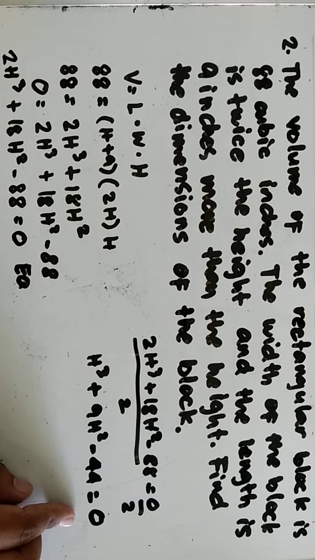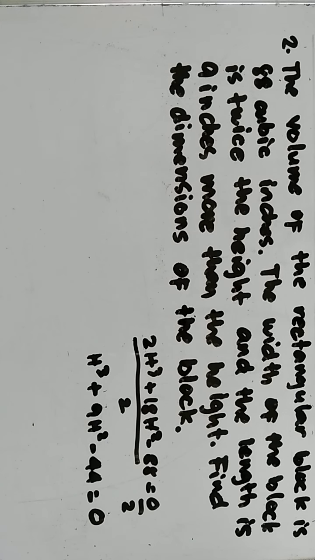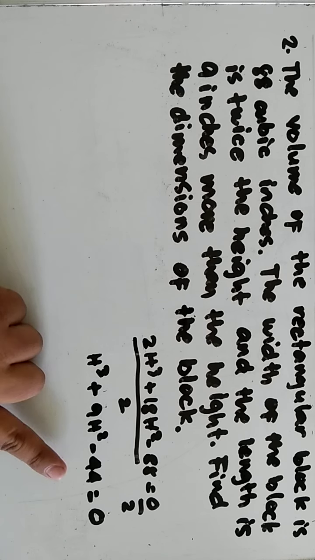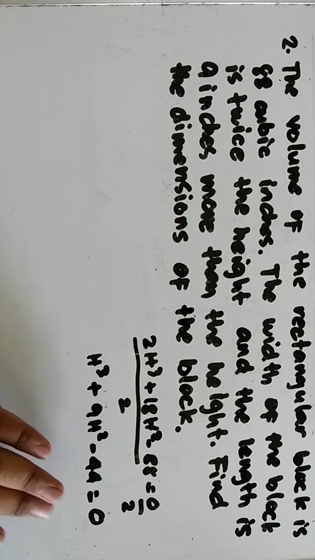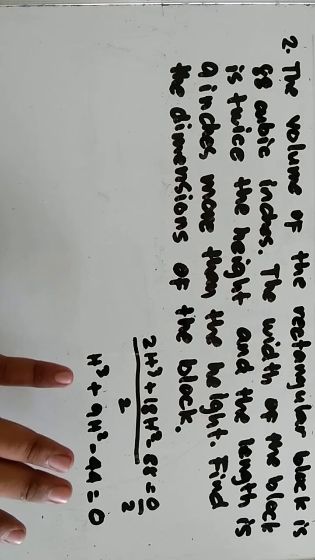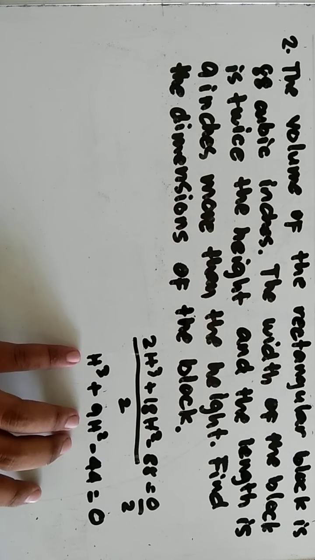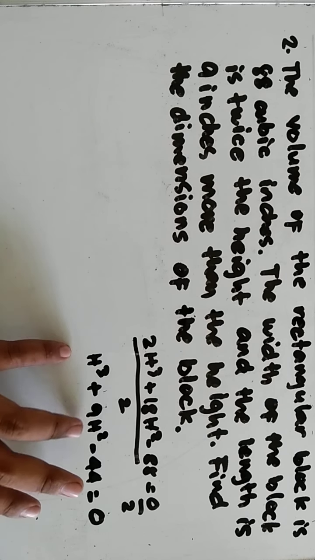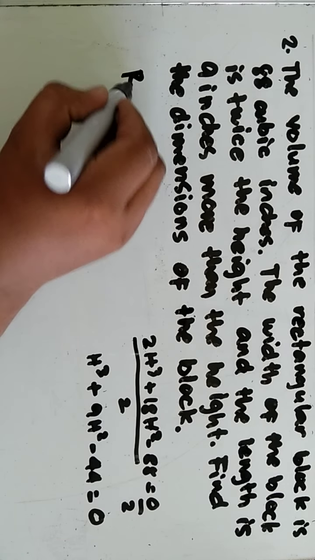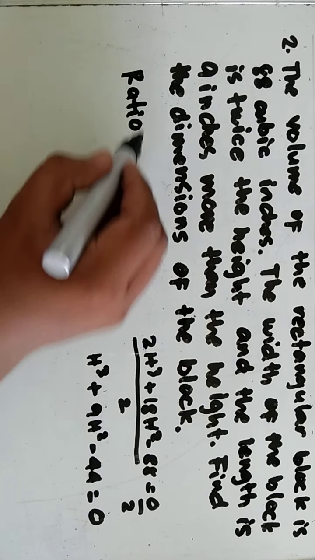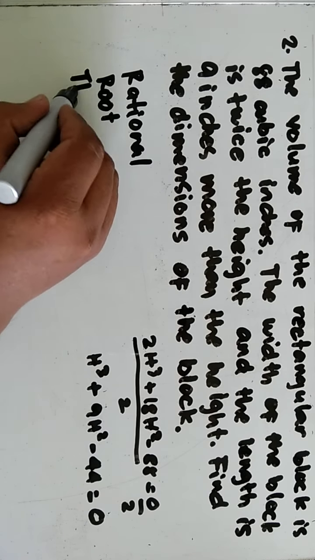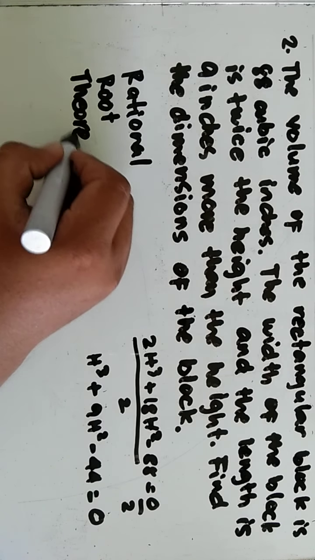Dito na tayo mag-synthetic division. Okay, so dahil ito na yung equation natin, h cubed plus 9h raised to 2 minus 44 equal to 0, dito tayo maghahanap ng possible roots niya para ma-identify natin kung ano yung value ng h niya. So, di ba, meron tayong tinatawag na rational root theorem. Rational root theorem. Ano nga yung sabi sa rational root theorem?